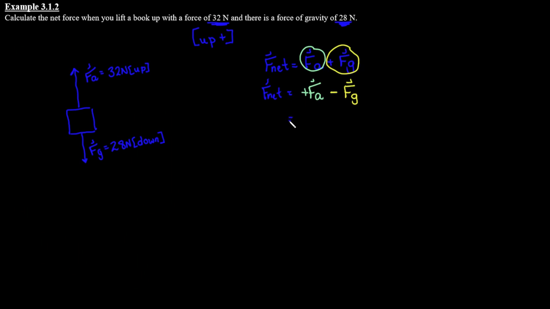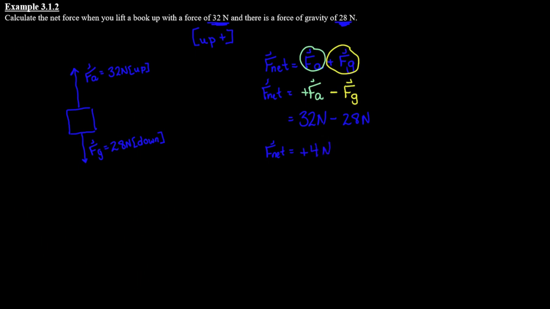So the net force acting on our book is going to be this 32 newtons that I'm plugging in as a positive value, subtract this 28 newtons. So the net force that I get on our object is a positive 4 newtons.